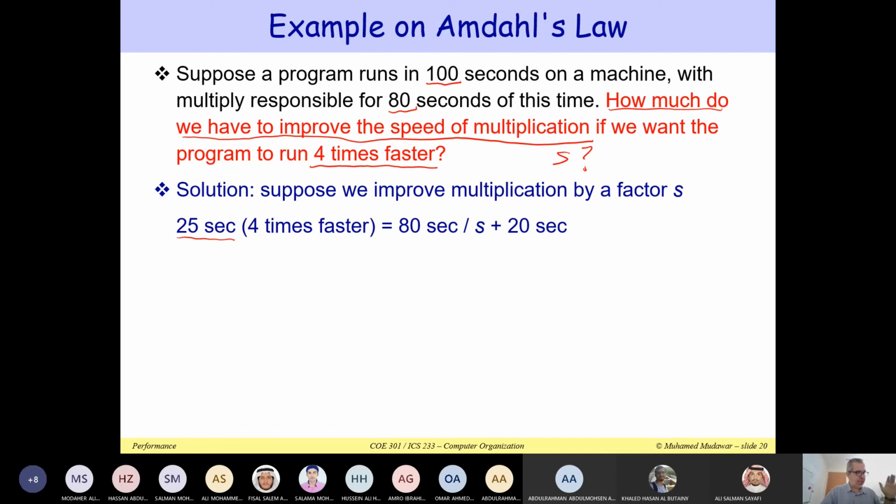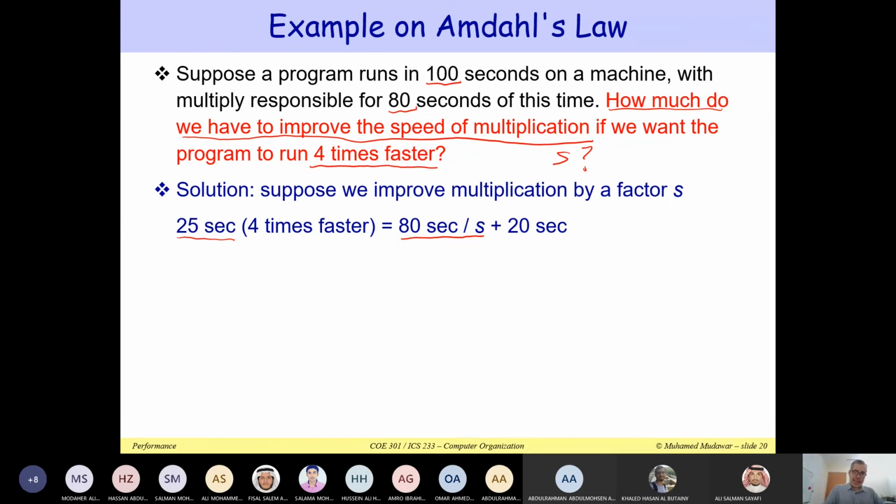You don't even have to refer to Amdahl's law. You can, of course, put the fraction and then solve for S, but I'm going to do it differently here because it's very simple. So 25 seconds, that's actually 4 times faster. Now we're going to improve this 80 seconds by a factor of S, because this is the 80 seconds which has been enhanced by a factor of S. So we divide by S, and the question is, what is S?